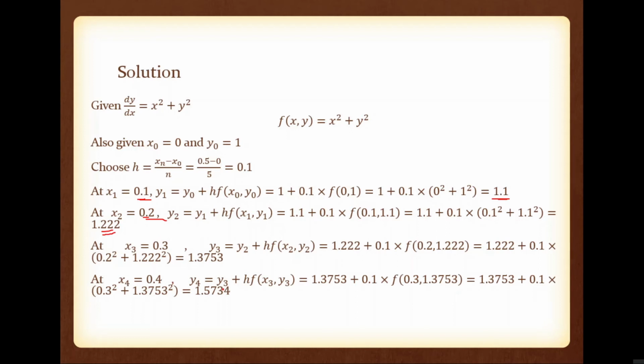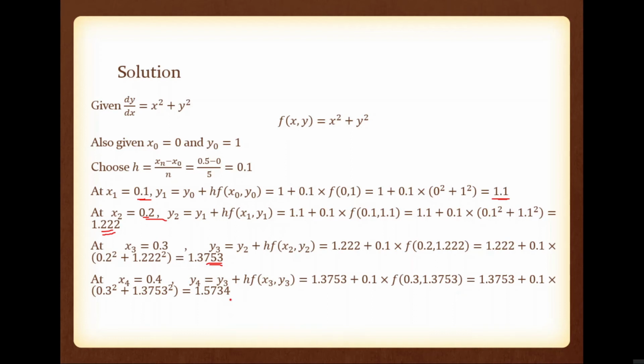So y4 is equal to y3 plus h into f of x3 comma y3, that is equal to 1.3753, that is y3, plus 0.1 into f of x3 comma y3, that is 0.3 comma 1.3753, that is equal to 1.3753 plus 0.1 into 0.3 square plus 1.3753 square. So for me the answer is 1.5734.